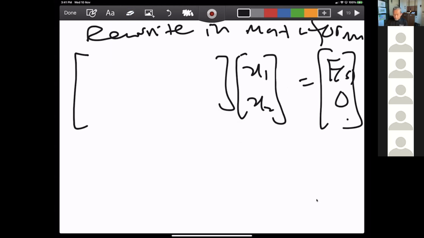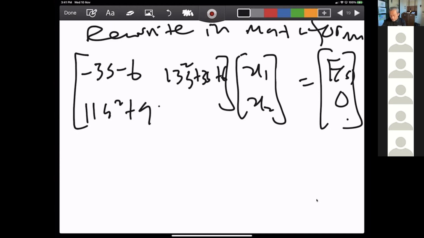So this one you insert all the values, all the values given: the M1, the M2, K1, K2, given in the question. So we'll get minus 3S, so plus S square.